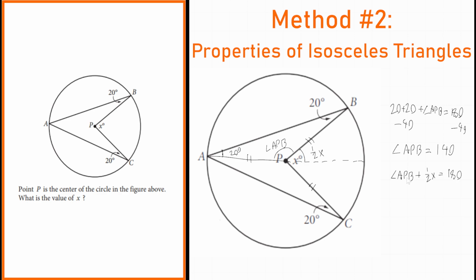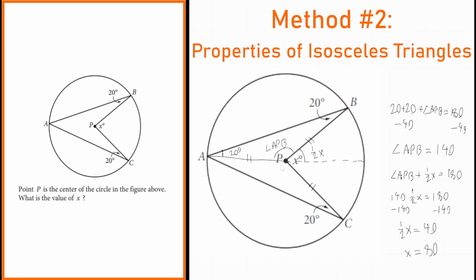And because we know that this angle APB equals 140, it's very easy to plug this in and subtract from both sides to get that 1/2 of X equals 40 degrees. Multiply both sides by 2, X equals 80.